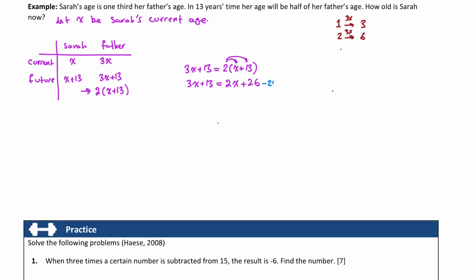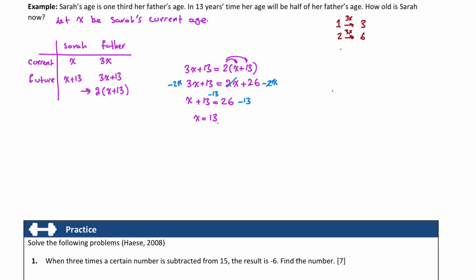So let's subtract 2x from both sides, so that I can cancel out these terms. And I get 3x minus 2x is 1x, plus 13 is equal to 26. And to isolate x, I have to remove the 13 from the left side. So I will do that by subtracting 13 from both sides. And I get x is equal to 13.